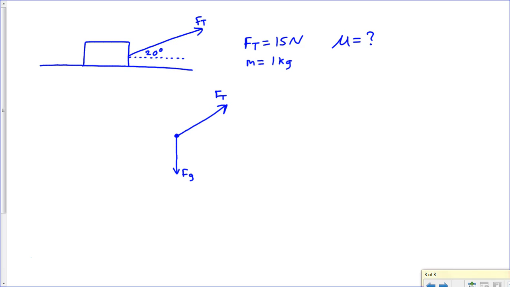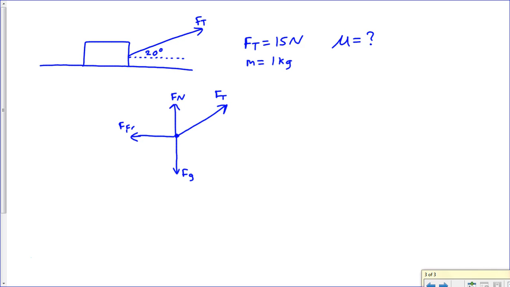Then we've got a normal force, which is going straight up. And then the friction force has to balance it out. There has to be something going to the left here because we have a force that has a rightward component to it. So there's got to be a friction force here to counteract that.